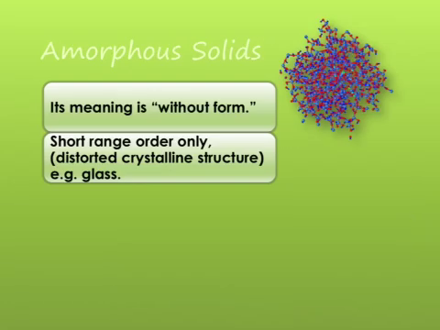The third type of structure is called amorphous solids, like this one here. Amorphous means without form. Short-range order only, and you can regard it as distorted crystalline structure, for example, glass.